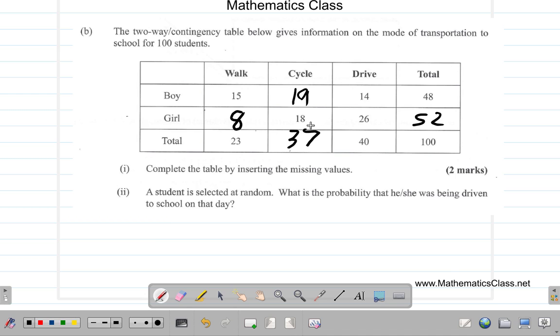You're going to have two ways to do it. You're going to consider it's a girl. Then the probability that she did not cycle, put a bar over the cycle, not cycle, is 1 minus the probability that she cycled.